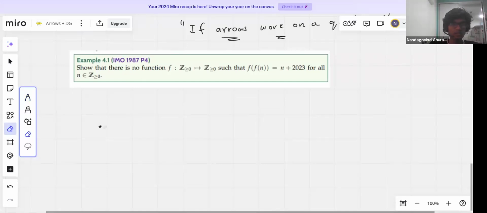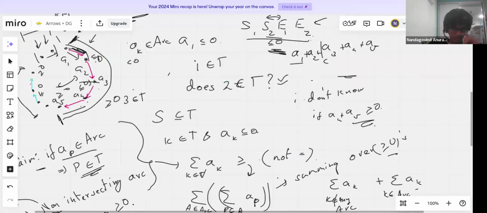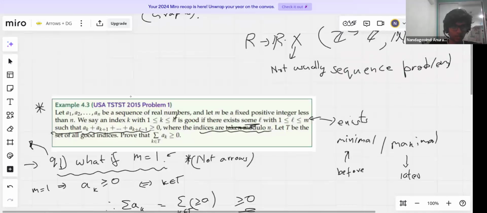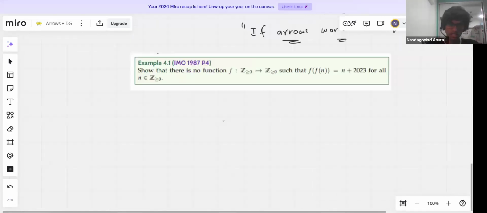Okay, so previously we had things happening modulo something. We had things happening here that was modulo n. So how would you think graphical interpretations would work if we didn't really have a lot of modulo conditions?